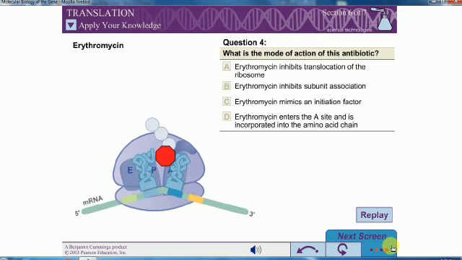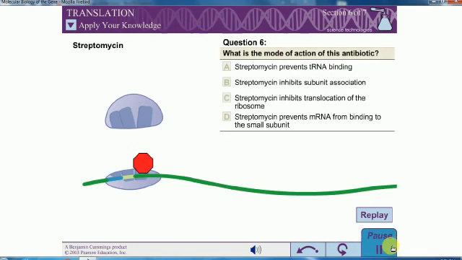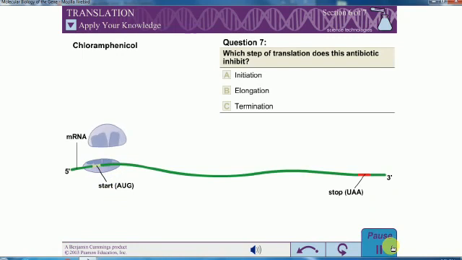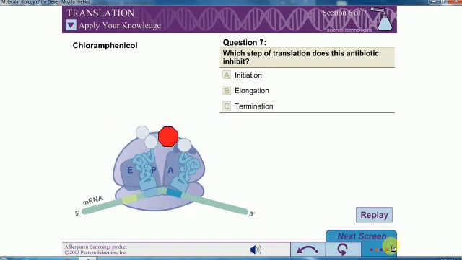Which step of translation does this antibiotic inhibit? Question 6. What is the mode of action of this antibiotic? Question 7. Which step of translation does this antibiotic inhibit? Question 8.